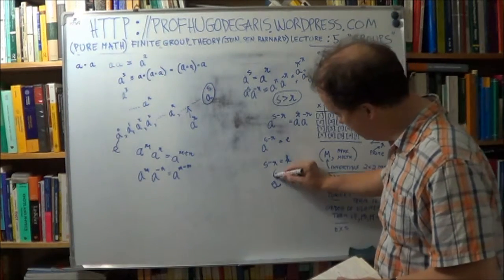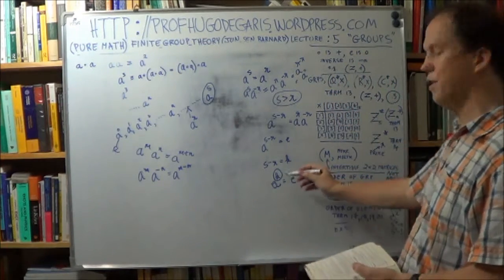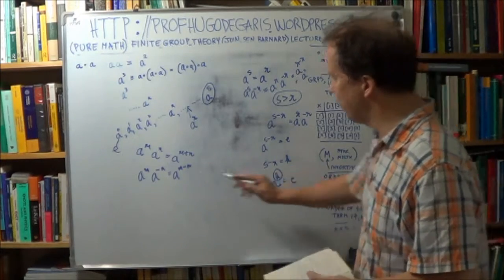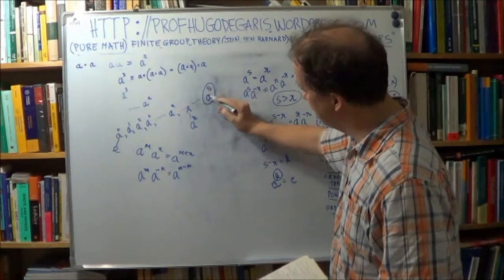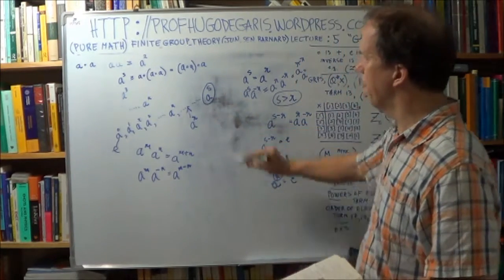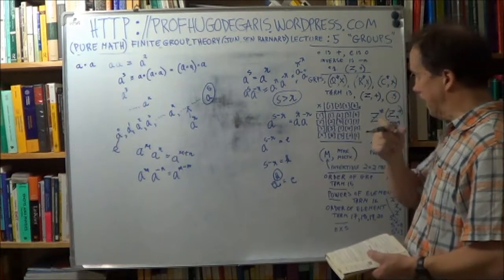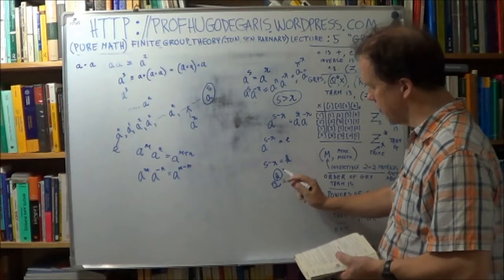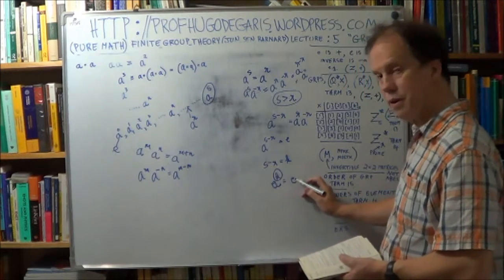You could have larger ones, but this is the first time that A to the S equals A to the R, and so this k is the smallest integer such that A to the k is the unit.